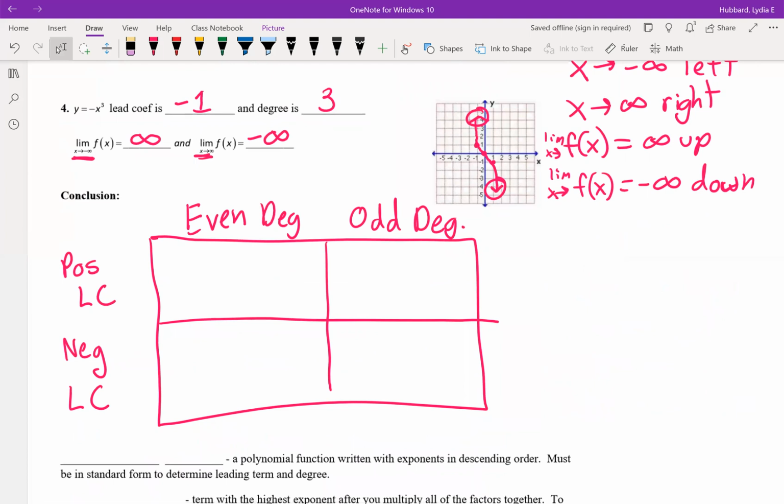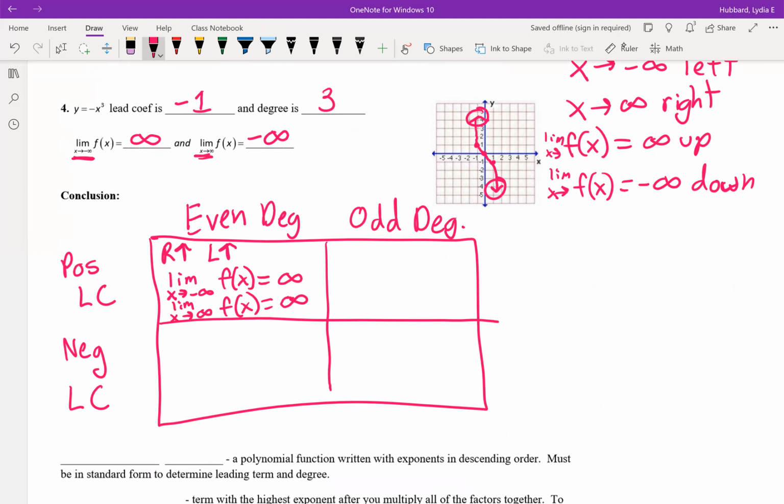So that has our right side going up and our left side going up. Okay, and so the way that we would write this is limit as x goes to negative infinity. That's our left side. It's going up. And the limit as x goes to positive infinity, that's our right side. It's also going up.